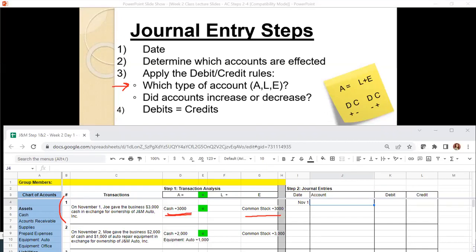So we go to our assets, and we see that our cash is increasing. And an increase in an asset is a debit. So I'm just going to put in my notes here that this is a debit. Then we move to the other side, common stock. Common stock is equity.